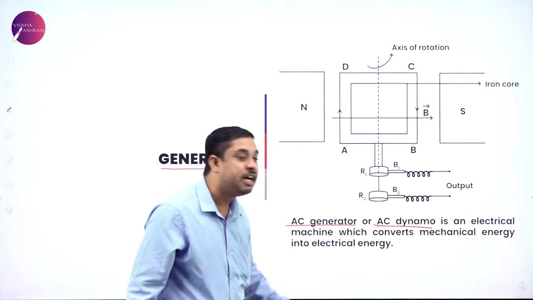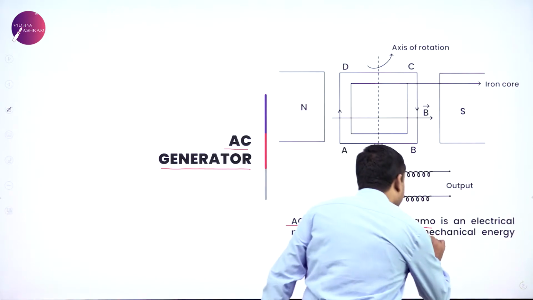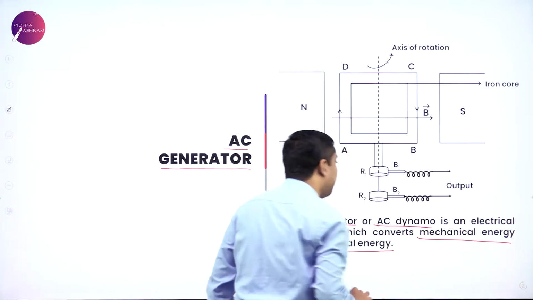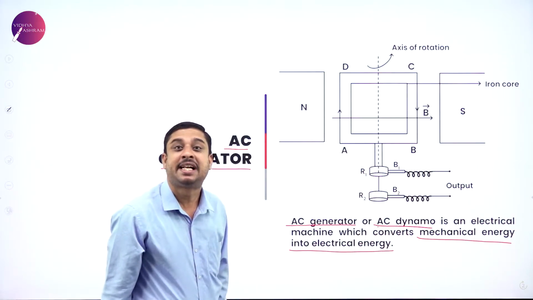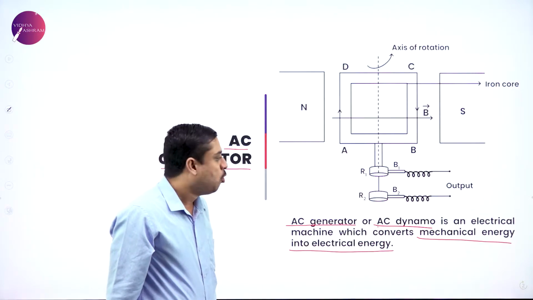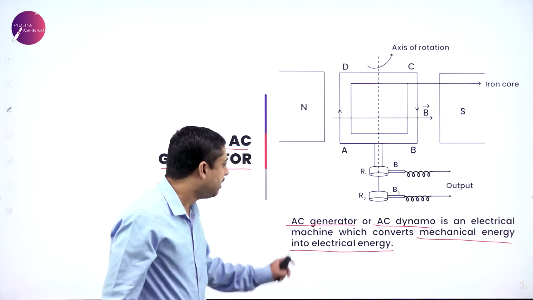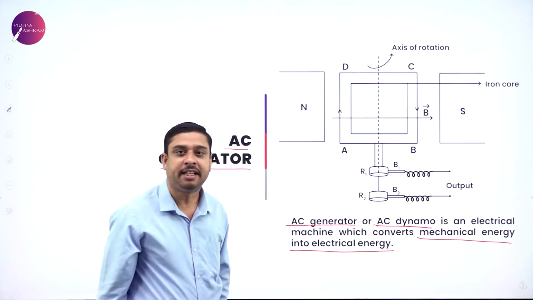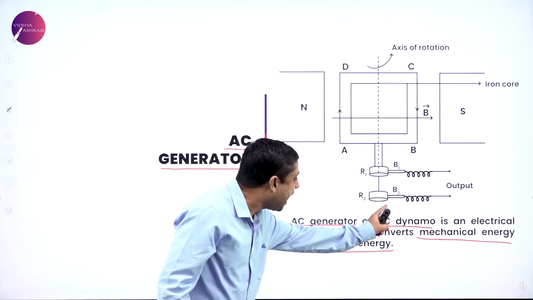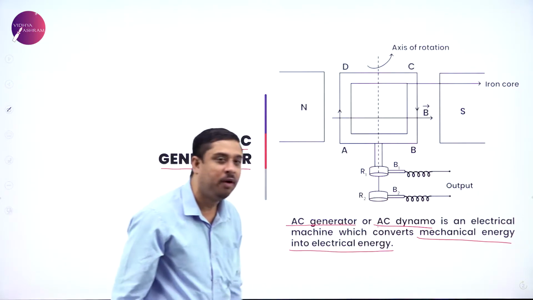It is converting mechanical energy into electrical energy. So, what is happening in an AC generator, also called an AC dynamo?